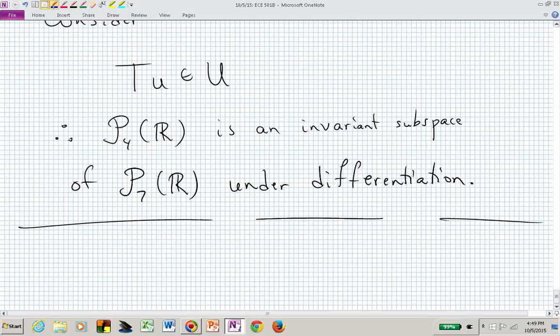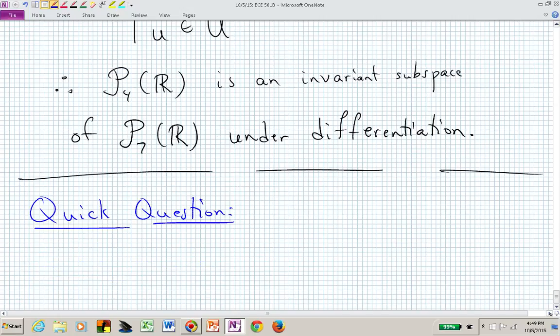Let me ask a question as an aside, and let me introduce the terminology now.